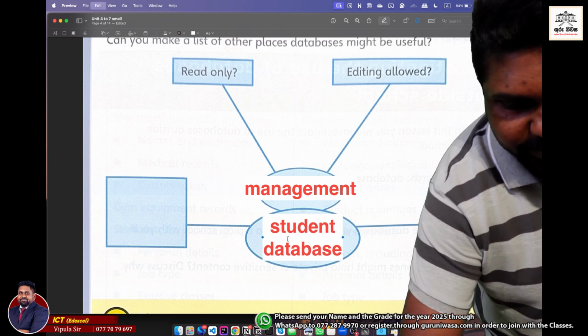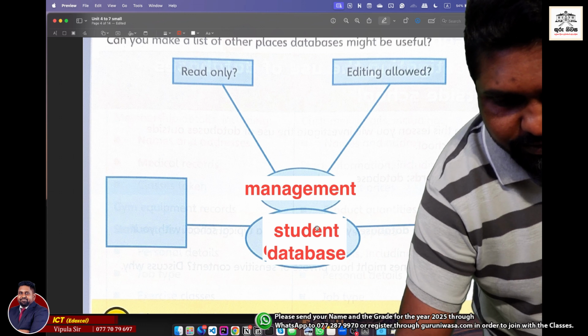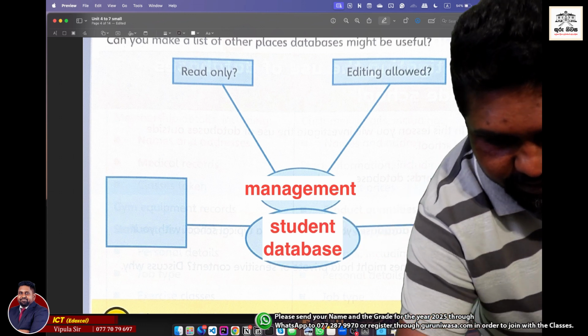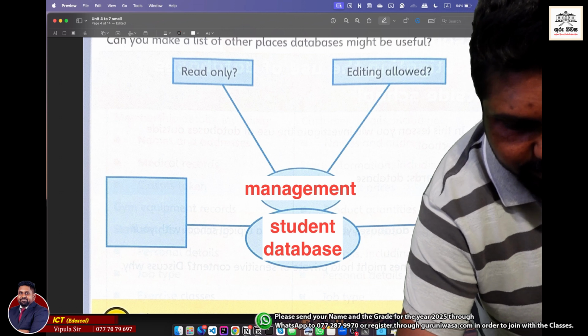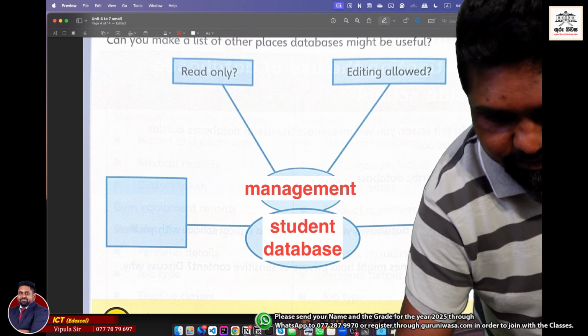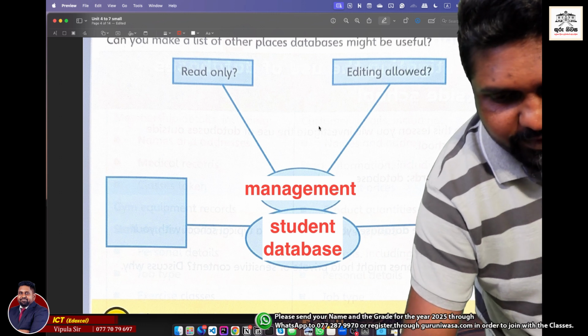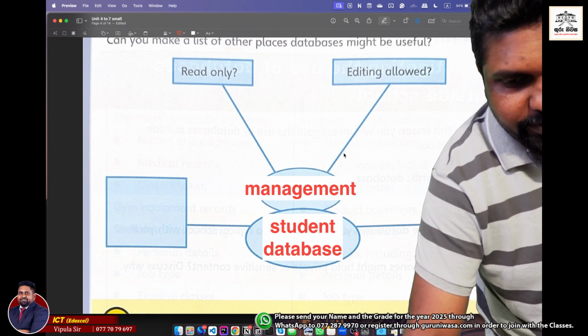What information will be there? So this would contain student details, right? So the information would be student details.